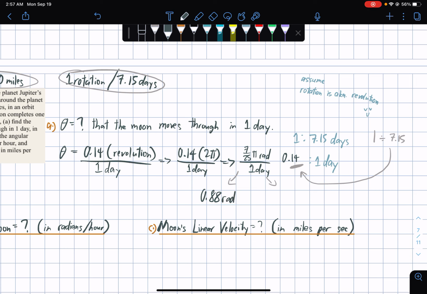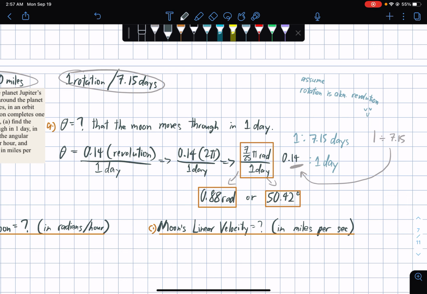If we want to convert it in degrees, our answer is 50.42 degrees. Any of these answers are okay, I think, or acceptable.